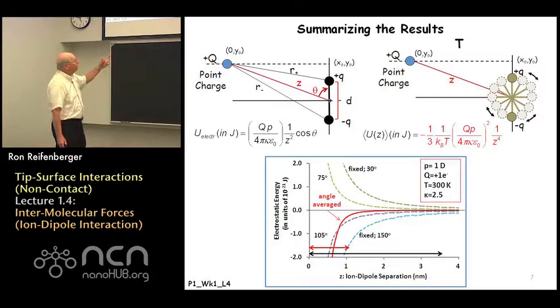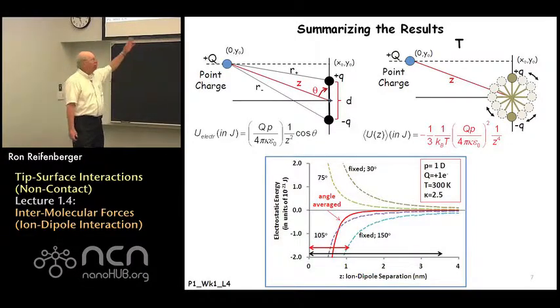And then I just provide a plot. In this particular case, I take a dipole of 1 Debye, a point charge of +1 electron, a temperature of 300 degrees Kelvin, and the ion and the dipole are embedded in a dielectric medium with dielectric constant 2.5.